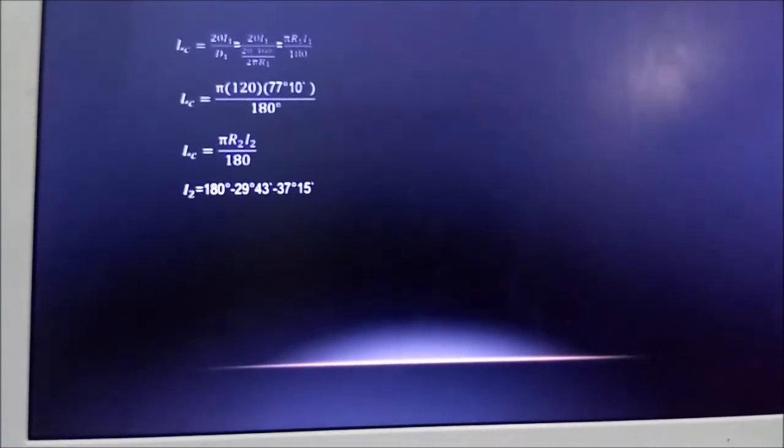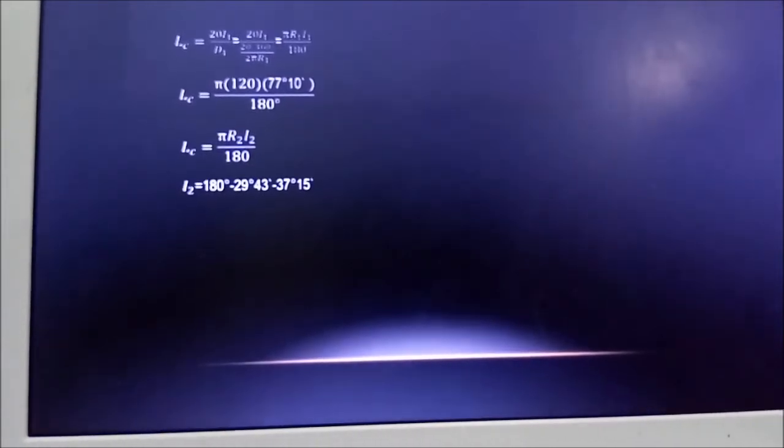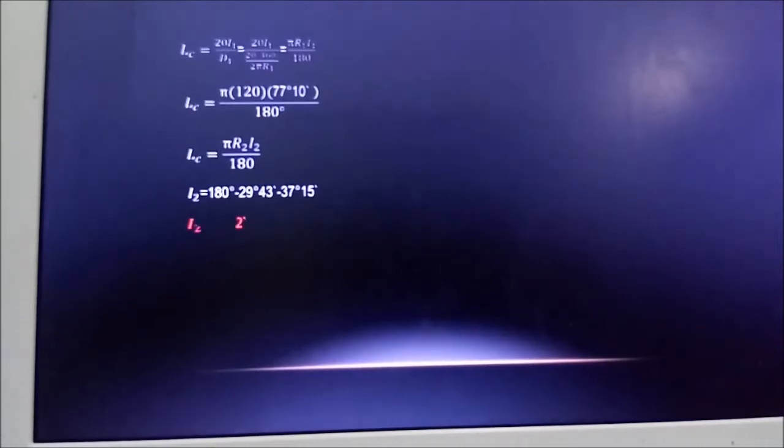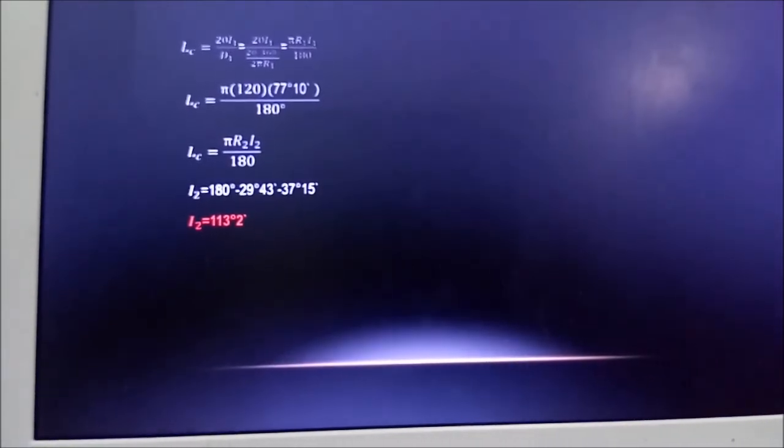So I2 is equal to 180 degrees minus 29 degrees 43 minutes minus 37 degrees 15 minutes. So I2 is equal to 113 degrees 2 minutes.